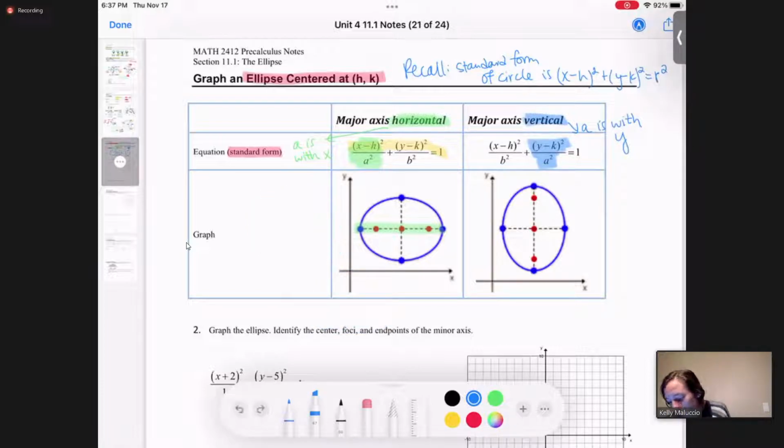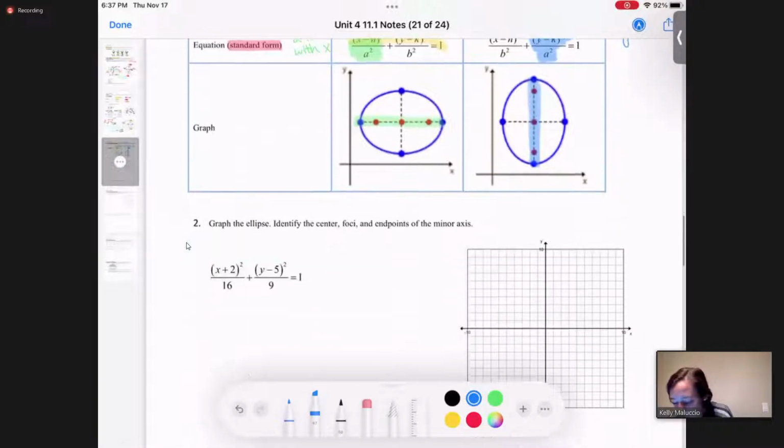They're just showing this example. And for the vertical major axis, we don't say the y-axis because it's not actually the y-axis. It's maybe parallel with the y-axis.